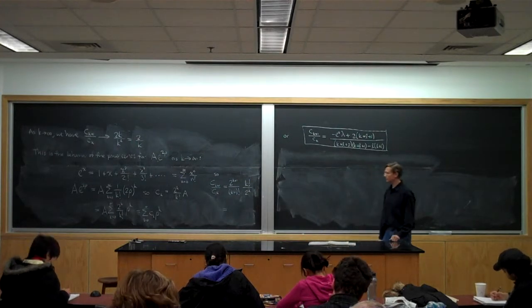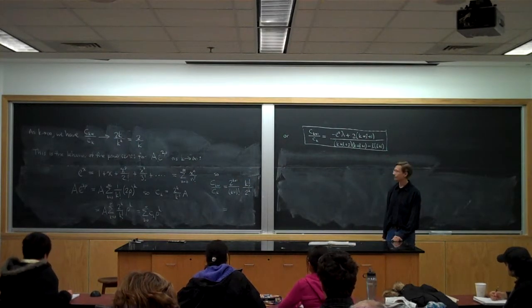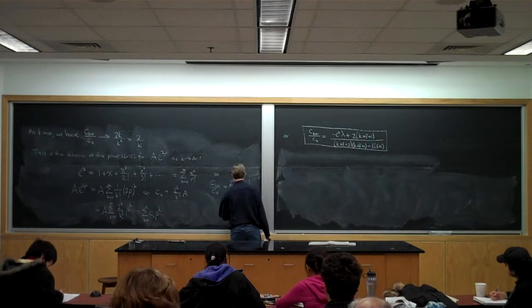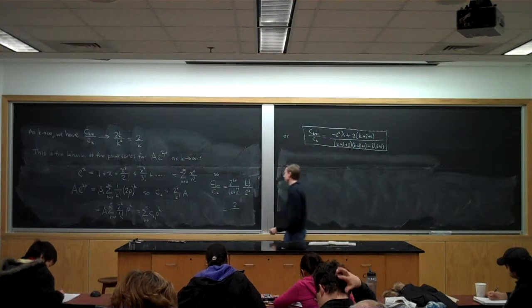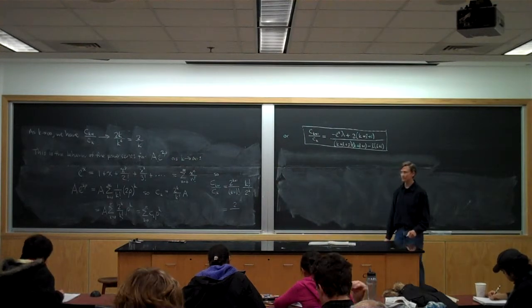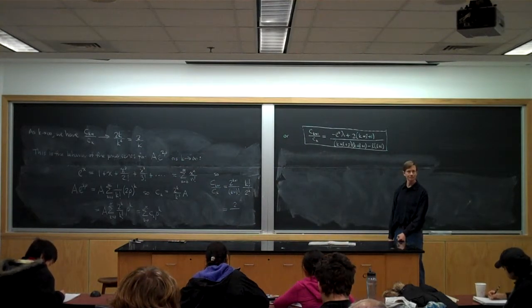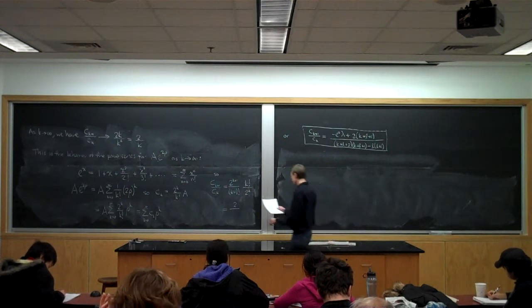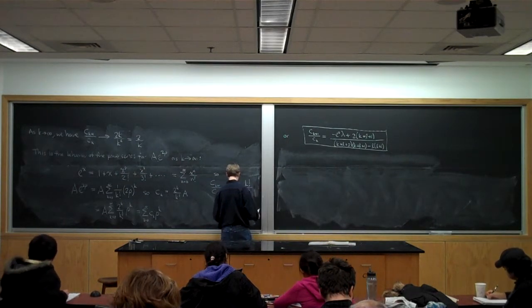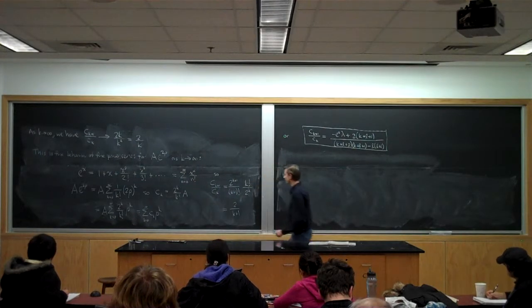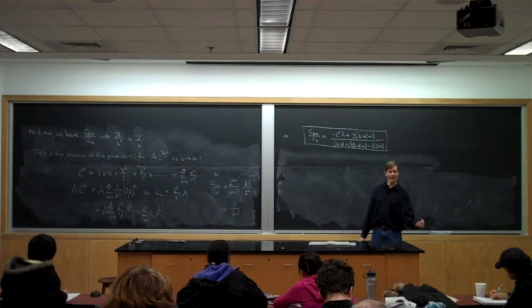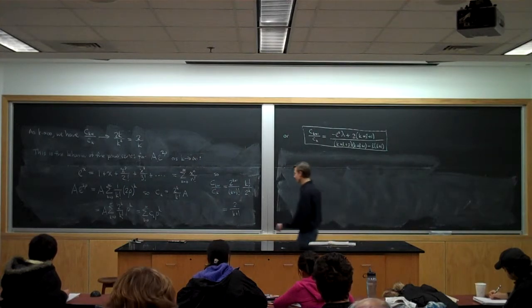What's 2 to the k plus 1 over 2 to the k? 2. And what is k factorial over k plus 1 factorial? 1 over k plus 1, right? So that looks like 2 over k plus 1, but that certainly approaches 2 over k as k goes to infinity.